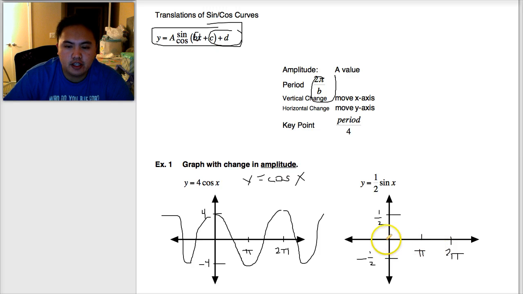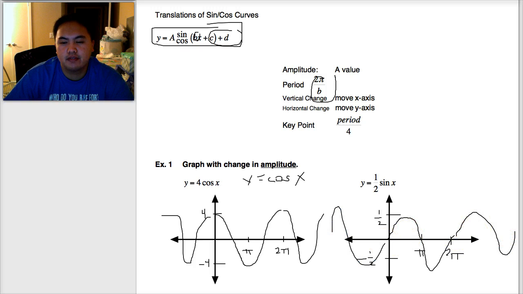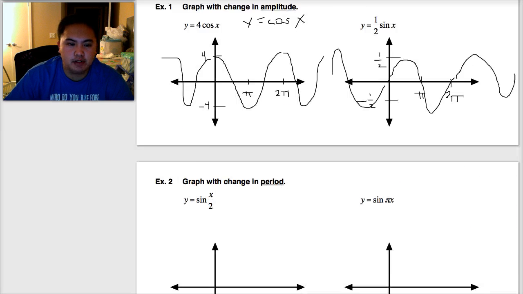And to draw it, it looks like this. And that's the period, and then the last part, you're going to make it continue forever. Yay. Alright, so that's what happens if you change amplitude.